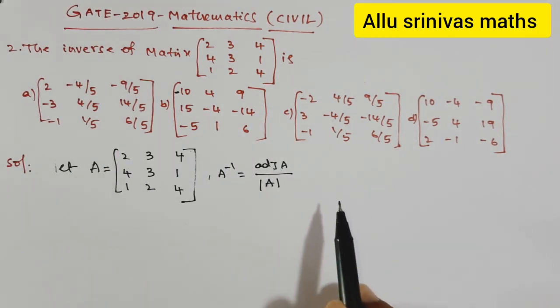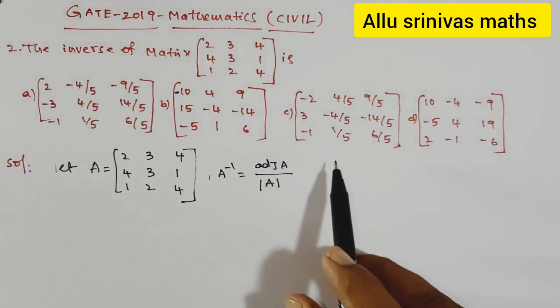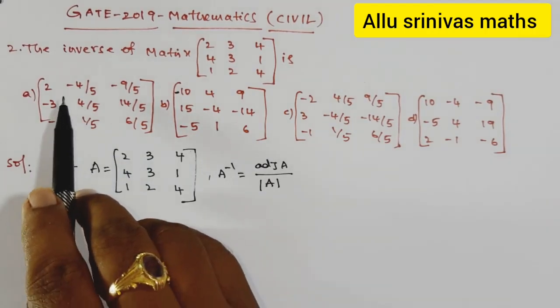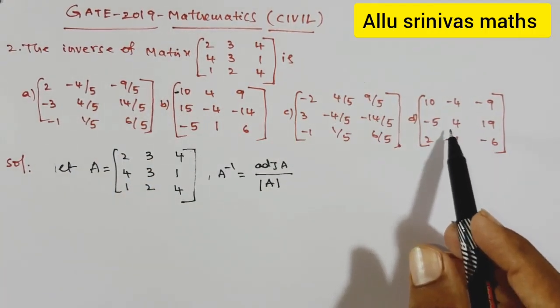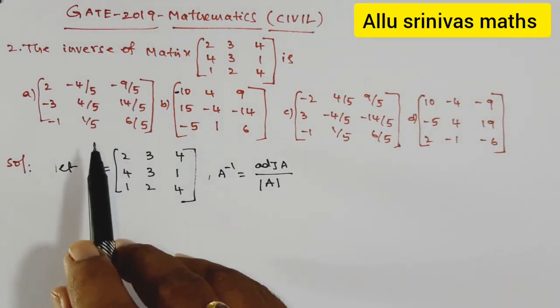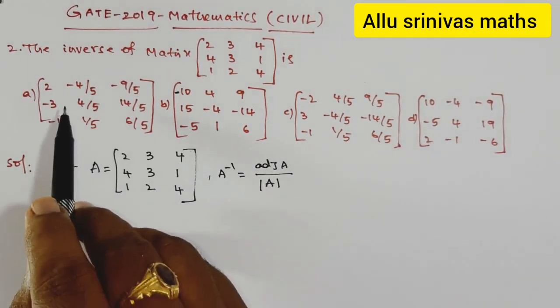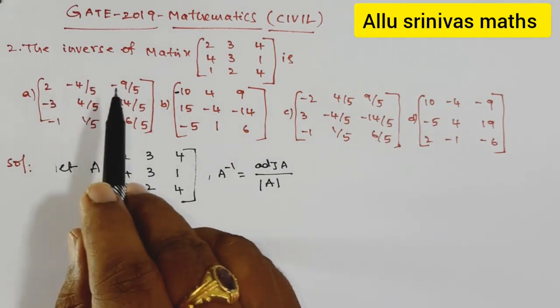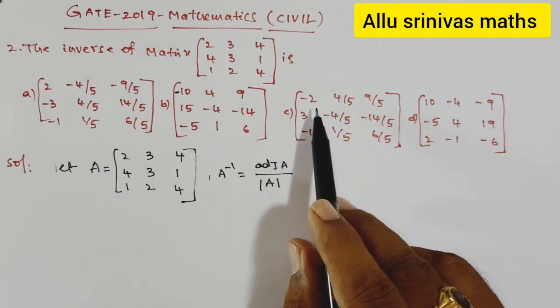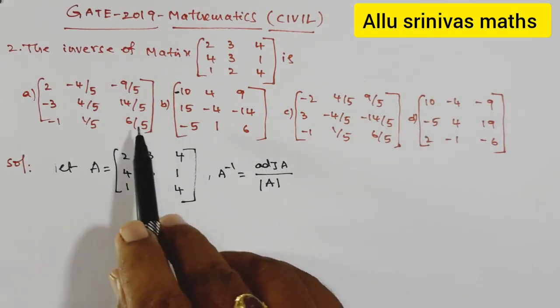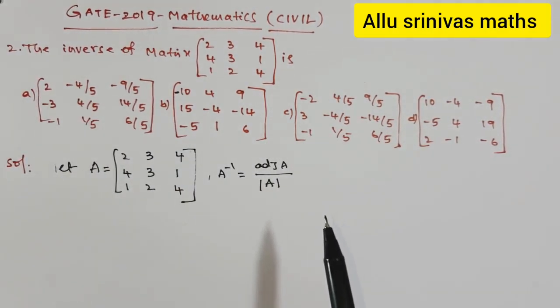What is that? First we observe the 4 options, and take a different element in the 4 options. Just check: the first element is 2 in one, -10 in another, -2 in another, and 10 in the last. The first elements in the 4 options are different.